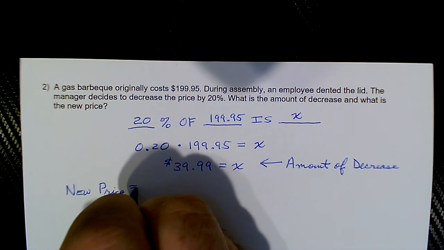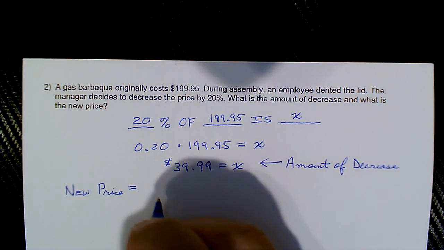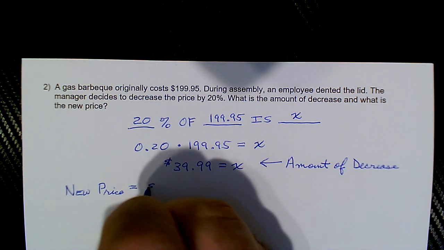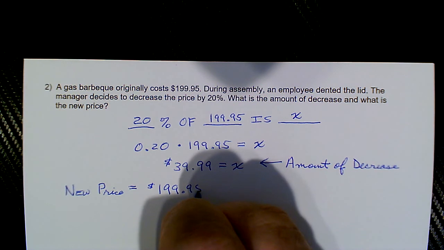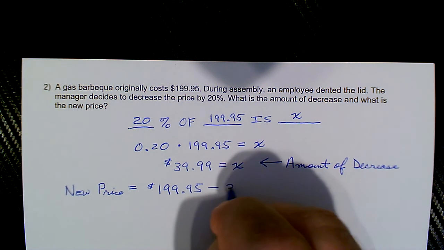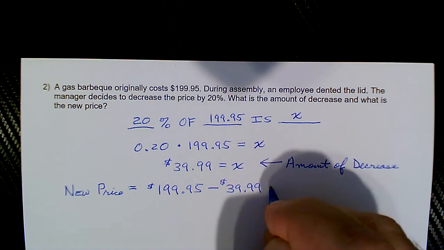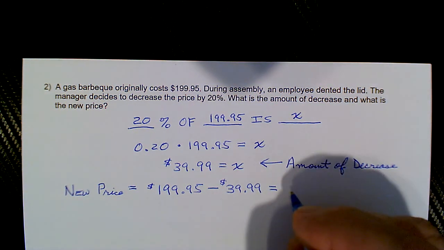And the new price, again, just think intuitively, it was a decrease problem. So subtract that amount of decrease from the original price of $199.95. So then subtract the $39.99. Probably use a calculator for that as well. And we get $159.96.